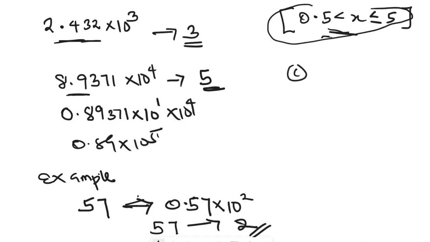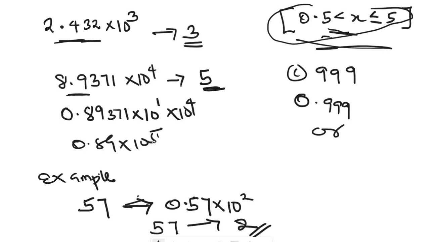Let's see another one. What is the order of magnitude of 999? 999 is also far from this region. So 999 can be 0.999, it can also be 99.9, and it can also be 9.99.